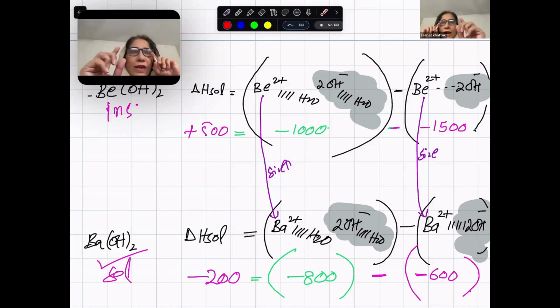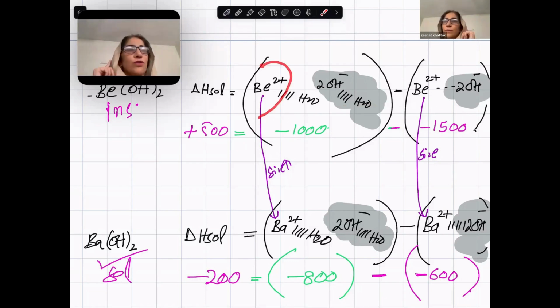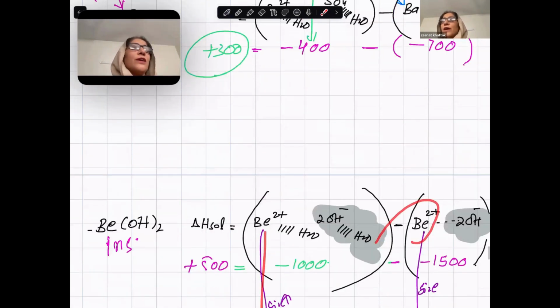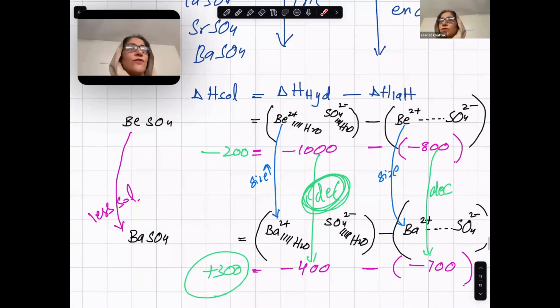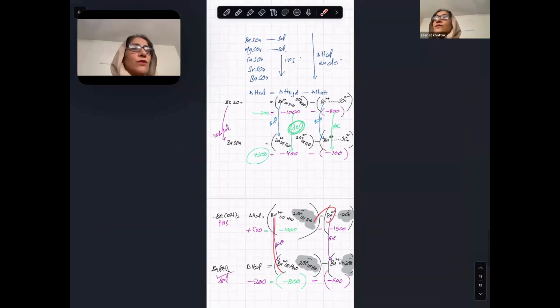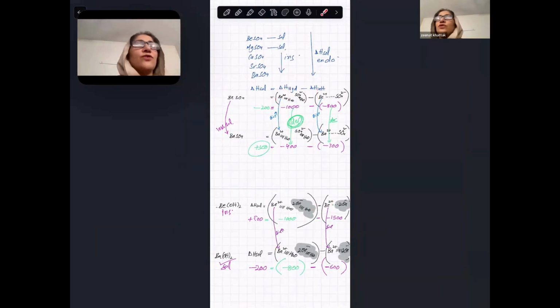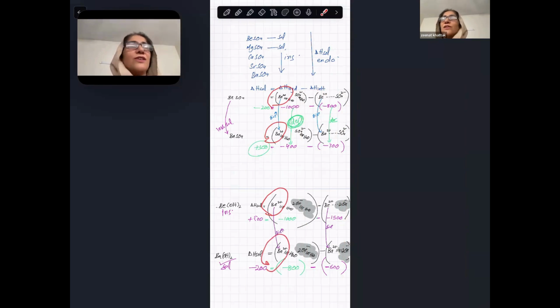So if you see hydroxide, if you see sulfate, you will find down the group size of cation increases. There is no change in sulfate, no change in hydroxide. Size of cation increases in case of sulfate and hydroxide.